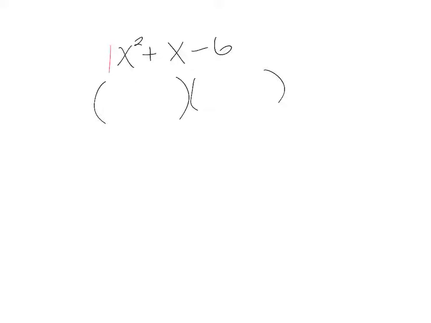And I also know that the first term in each one of these factors, these binomials, has to be x, because the only way I can get x squared is if I multiply x by x. Now the next thing I'm going to do is look right here. That is a -6. So I'm going to list out the factors of 6. I have 1 multiplied by 6, 2 multiplied by 3. Those two, when I multiply them together, give me 6.